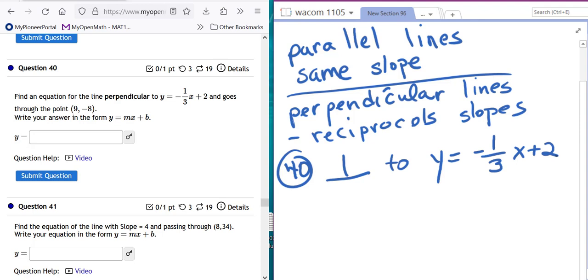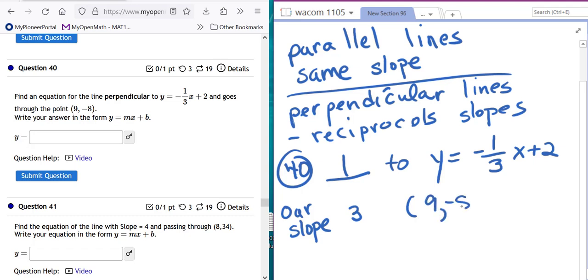So first thing we're going to need is the slope, and our line is perpendicular to this line. So that tells us that our slope is going to be the opposite side and flip it over. So it will be a positive 3 over 1, which will be 3. Right?